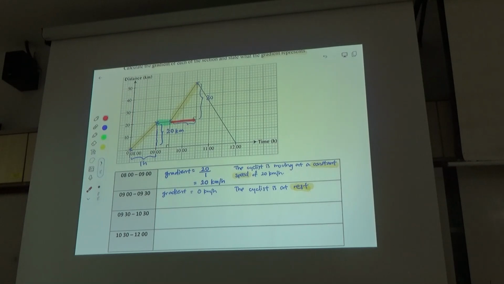And then the run in this case is from 9:30 to 10:30 a.m. So therefore, it will be 1 hour. So the gradient, 30 over 1, so 30 kilometers per hour. So the cyclist is actually moving at a constant speed of 30 kilometers per hour.